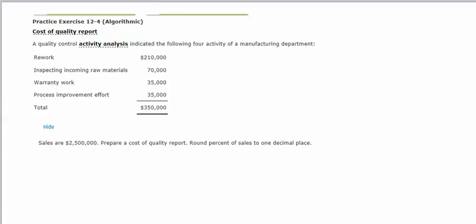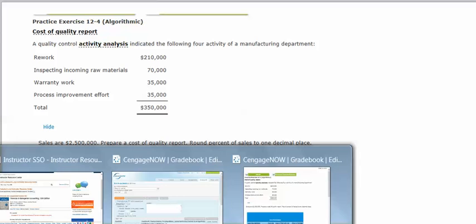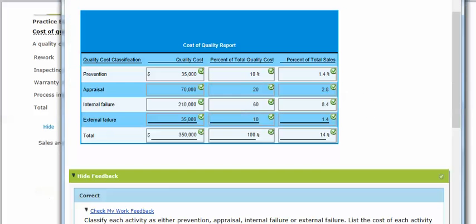Sales at 250. Prepare a cost of quality report, and we're going to round it to the nearest percentage. So we're going to look at each one of these, and we need to consider how they're going to apply to this cost of quality report.